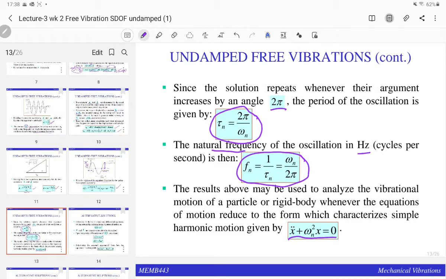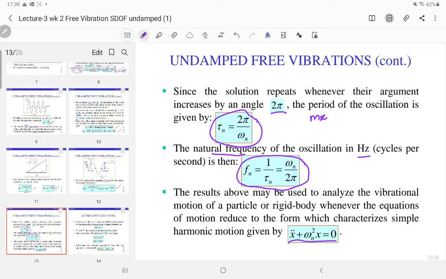You can also express your full equations in terms of omega n. If you remember the equation of motion, you have m x double dot plus k x equals 0. If you divide the whole thing by m, you have x double dot plus k over m x equals 0.